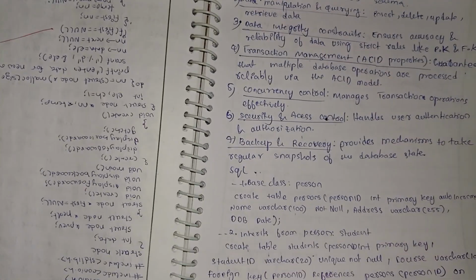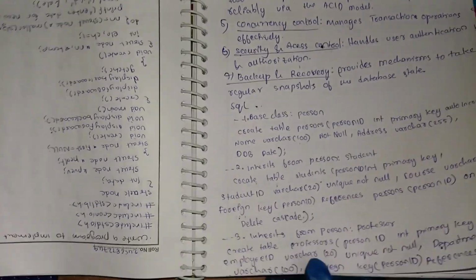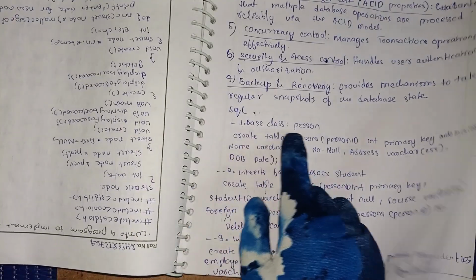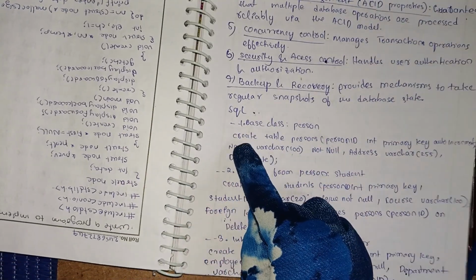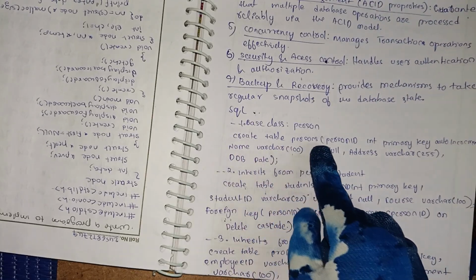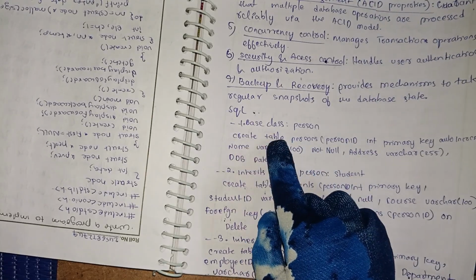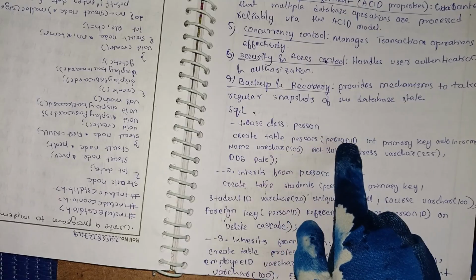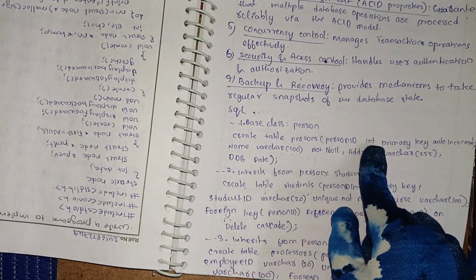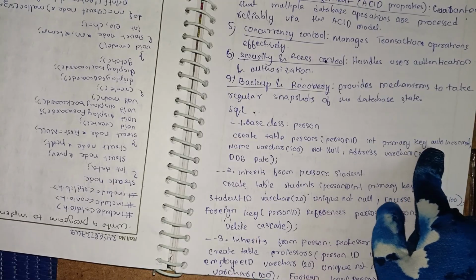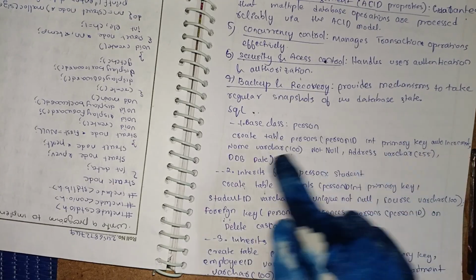So the related SQL code will be like this: base class person. This is in the comment line. We are creating a table, create table, table name is person, and person ID is one column, domain is int, primary key, auto increment.